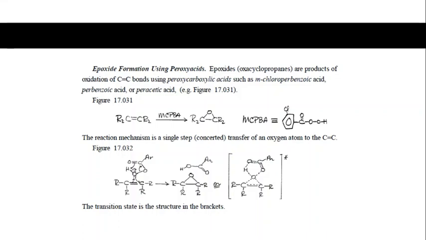If you have a double bond and a nascent oxygen reagent reacting with it, there's a possibility of oxidation of this bond, changing the double bond into a single bond.